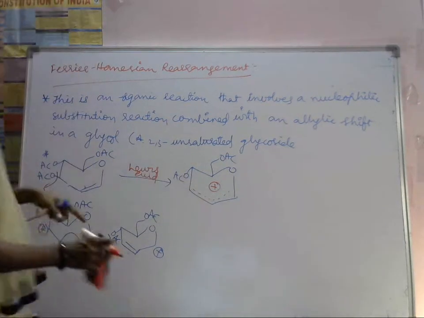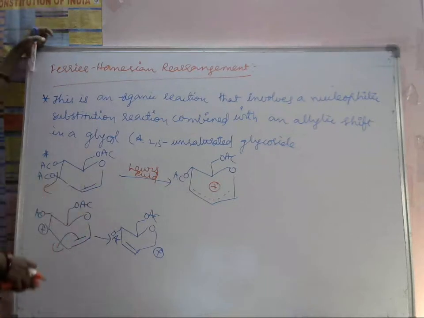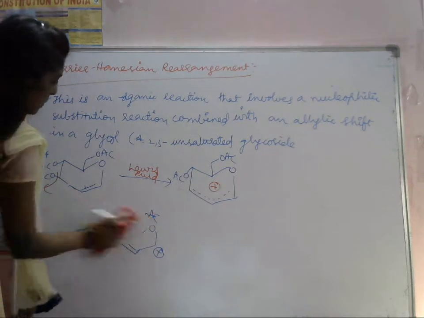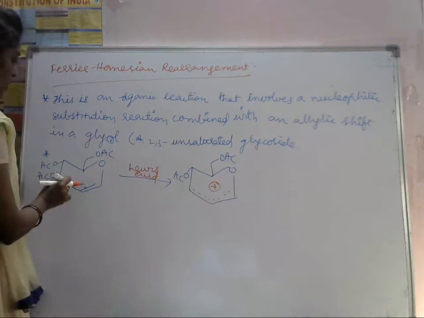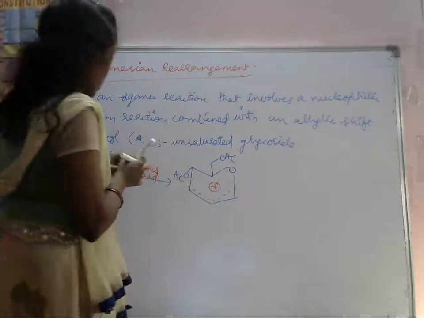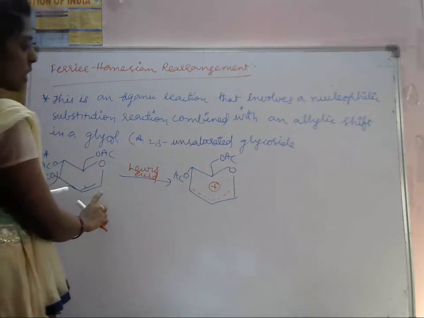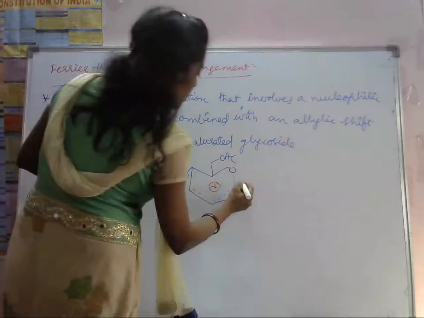So actually it happens like this. For your understanding I am writing these structures. When it reacts with a Lewis acid, this will be removed and immediately the double bond will be shifted, so positive charge will be formed.